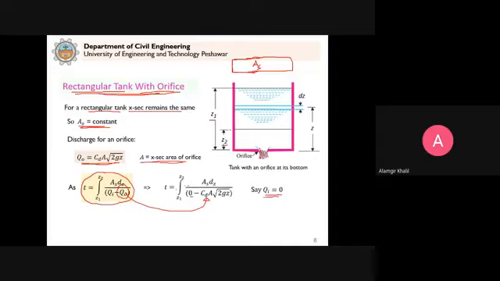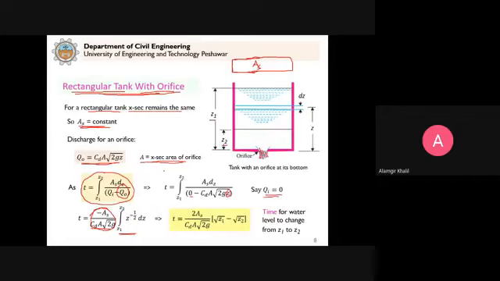If I want to evaluate the integral, I can write the constants outside, because you can see here minus Cd A into square root of 2g is constant. AS is also constant. And you already know that anything constant can be written outside the integral sign. And we just have Z to the power minus 1 by 2 into dz. Now just evaluate this integral.